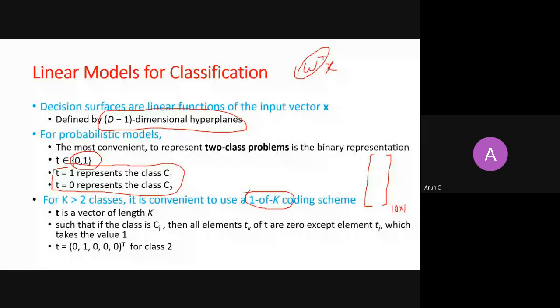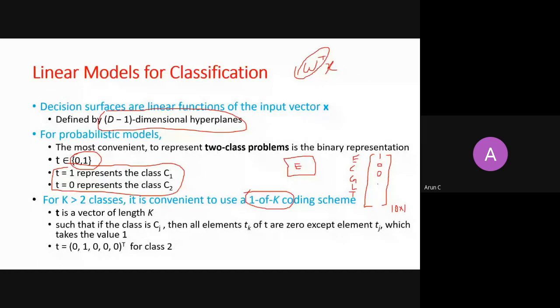You order these classes. Let's say every time the first place in this vector is the representation for elephant, then cow, goat, lion, tiger, whatever. If an image comes which contains an elephant, you label this image as a vector which contains 1 and all 9 zeros.